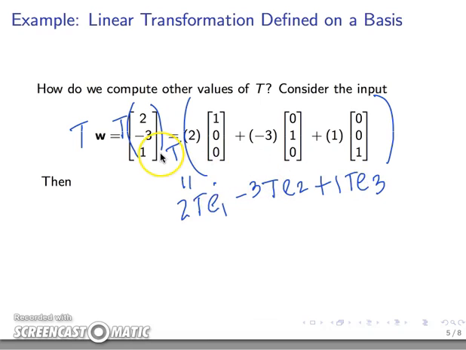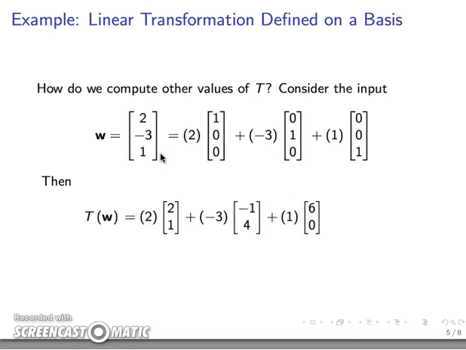This is exactly because of one of the theorems we just discussed. And so this evaluation becomes 2 times this vector, given that this vector here is precisely the transformation evaluated at E1, and this vector here is the transformation evaluated at E2, and this would be T evaluated at E3.